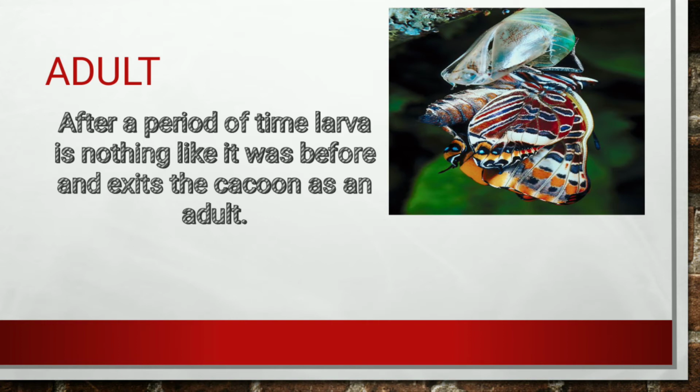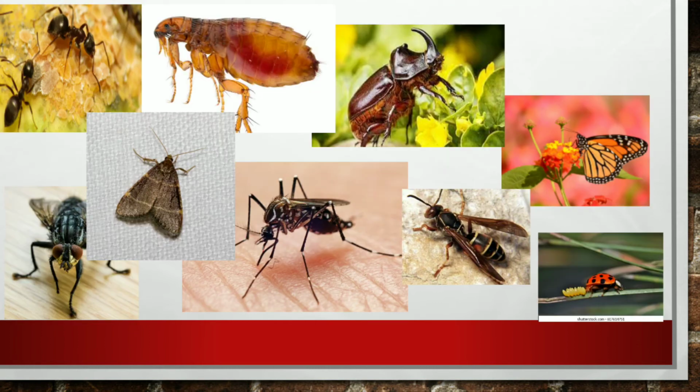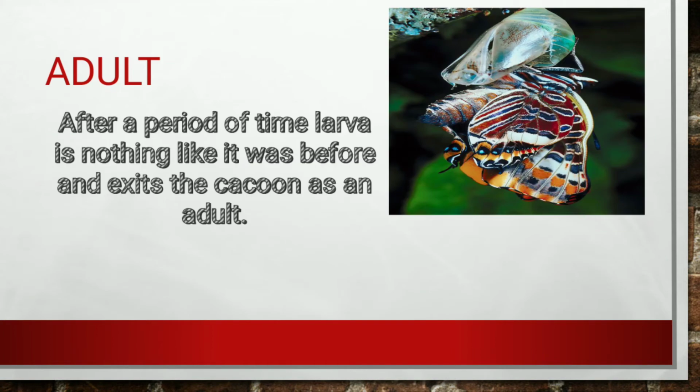Now that we have learned the 4 wonderful stages of development of complete metamorphosis, let us take a look at the amazing transformation of an organism that undergoes this process. Look, lumabas na siya sa cocoon.